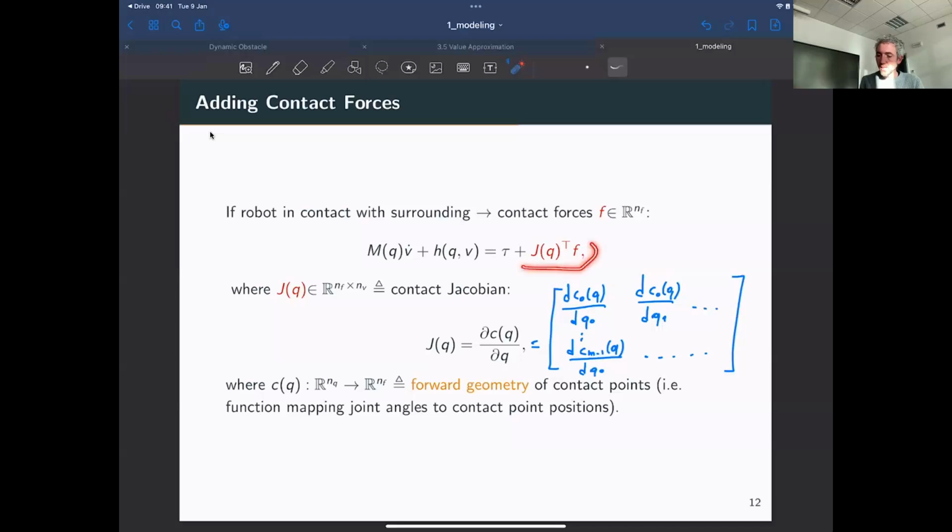Okay, so basically this is how you take into account contact forces into the dynamics. You just map them to the joint space using the Jacobian transpose matrix. Again, how to compute this matrix is something we are not going to cover in this course. We're going to rely on a software, Pinocchio, for computing that based on a description of our robot model.